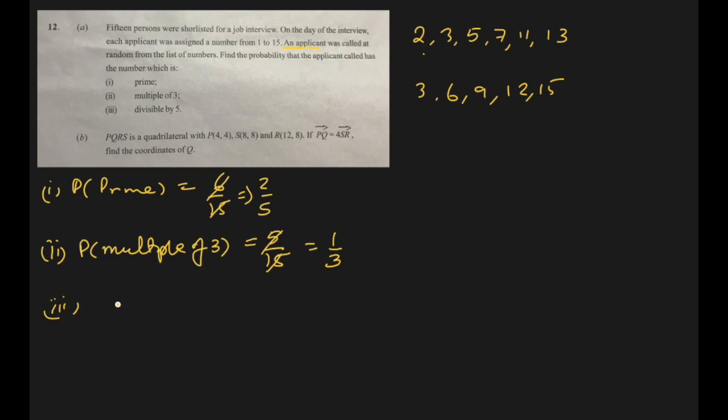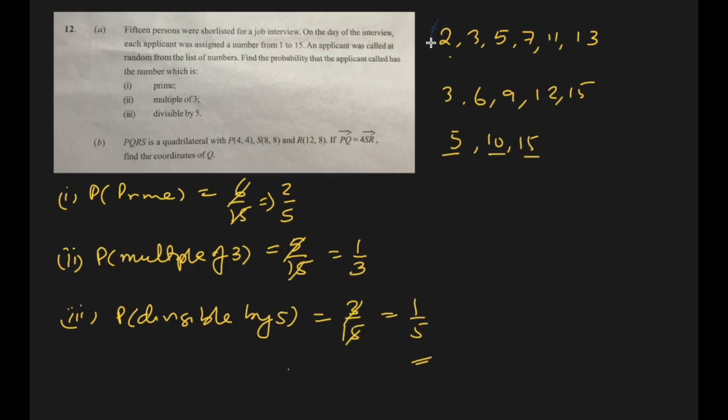Number 3, divisible by 5. Is it that straightforward? Yeah, there is no complex situation here. 5, 10, 15 are divisible by 5. So we'll be writing 3 out of 15, which is 1 over 5.